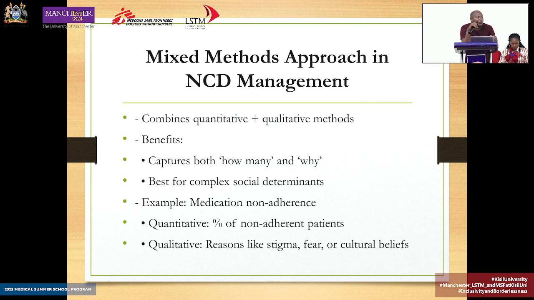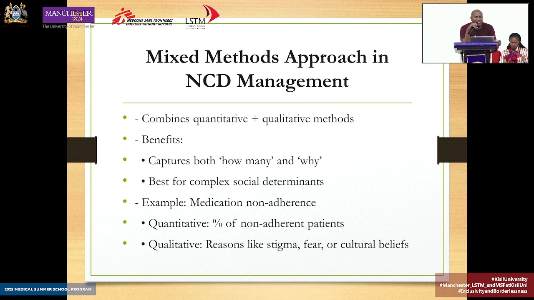Mixed method approach in NCD management. Why am I saying it's very important? Like now, if you really want to know maybe the demographic characteristics of the patients that you want to bring an intervention to, you can start with quantitative.